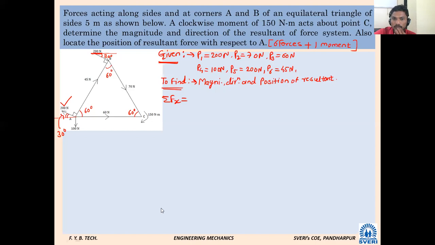Sakshi? Solving, sir. Okay, solve it. Just wait. Mansi? Sir, 1 minute. I will use my headphone. I'm not getting voice.